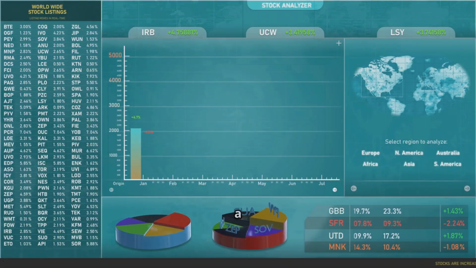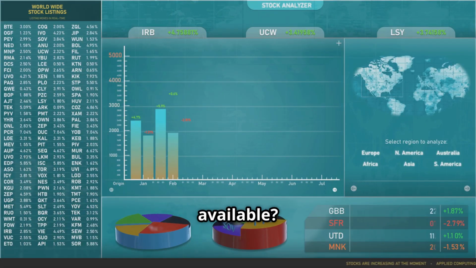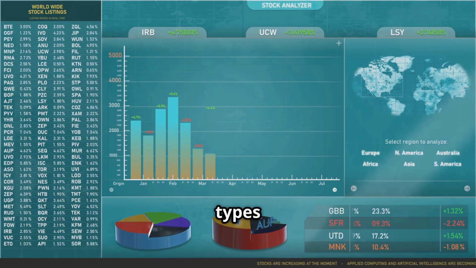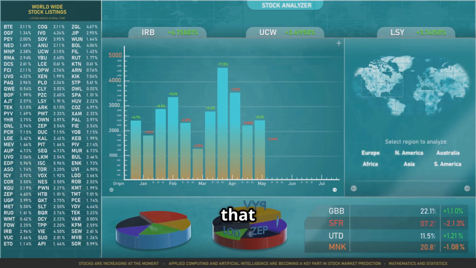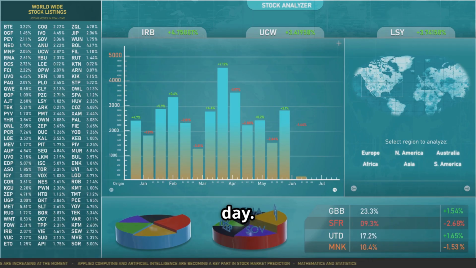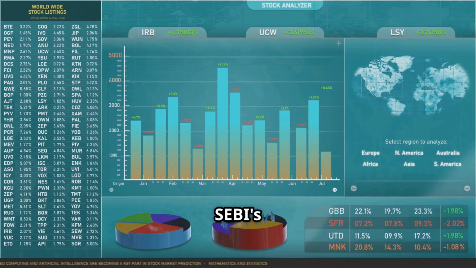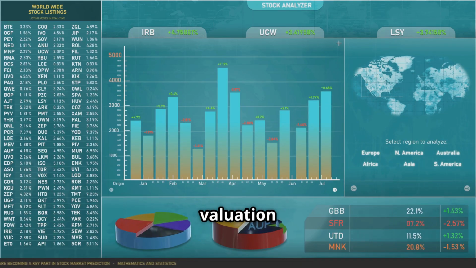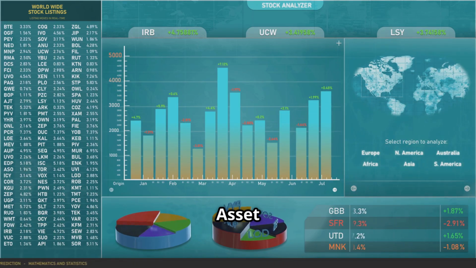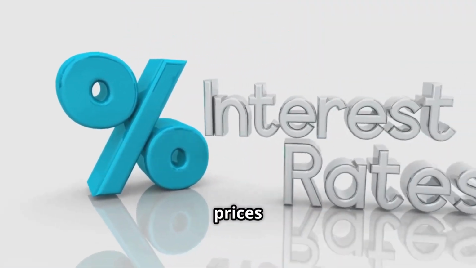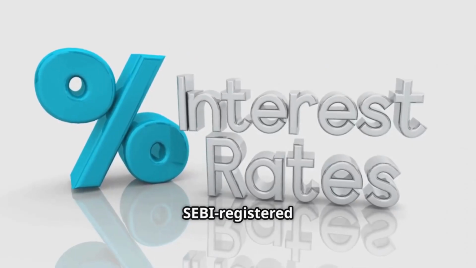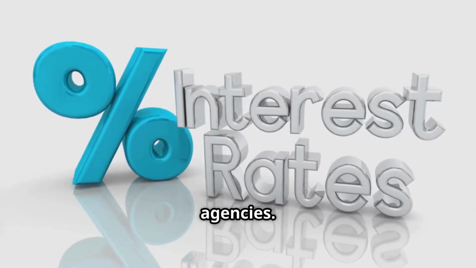But what happens when a market price isn't available? This is common for certain types of debt securities, like lower-rated or long-tenure bonds that don't trade every day. In such cases, SEBI's guidelines permit the use of valuation models. Asset management companies, or AMCs, must use prices provided by independent SEBI-registered valuation agencies.